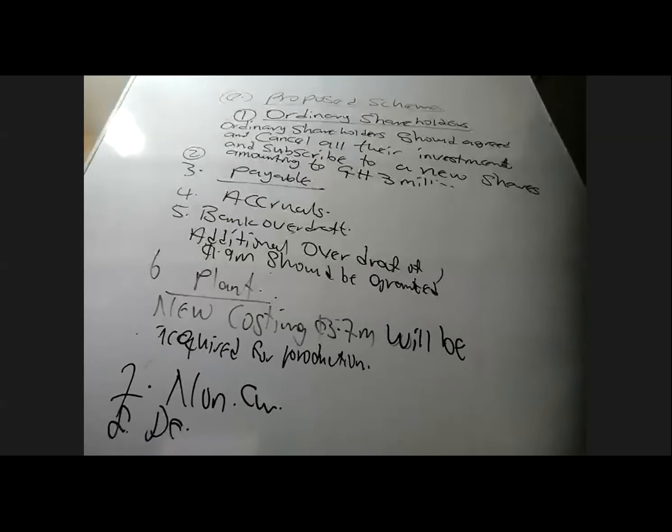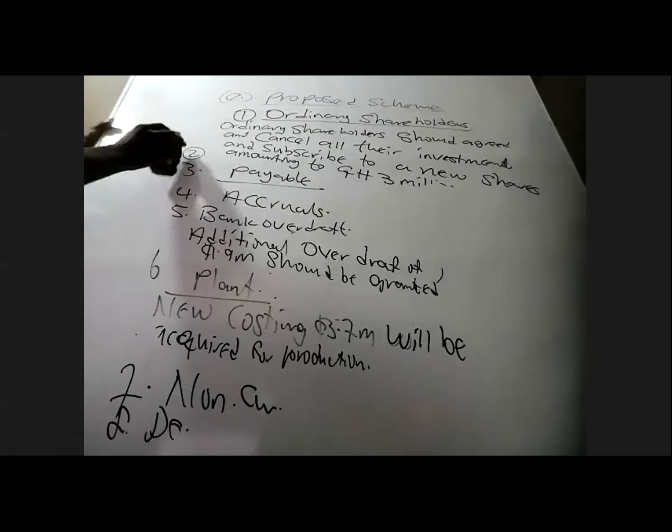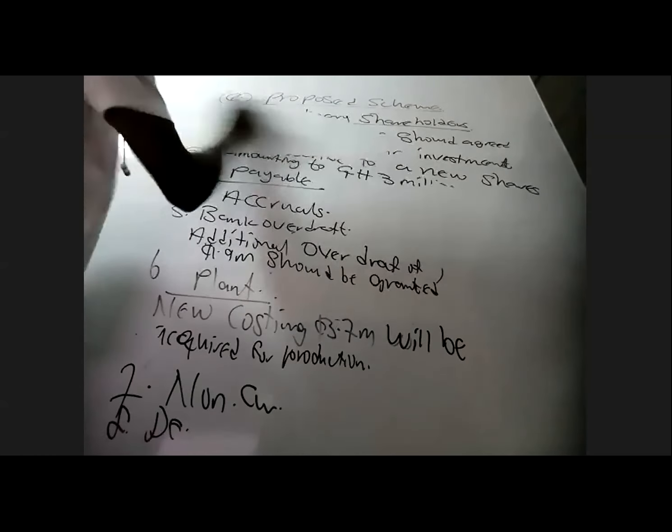Now let's move on. Let's go to income surplus. The income surplus of the company must be written off. So the 9th one is the income surplus. Let me clean this section because everybody has copied that one.